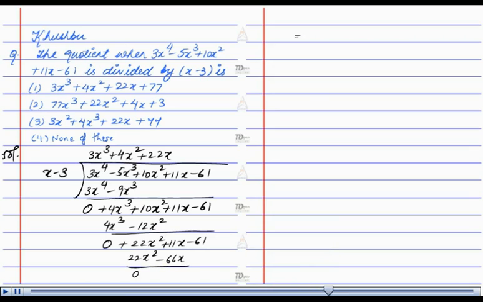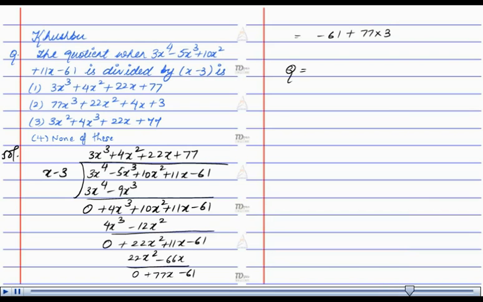0 plus 77x minus 61. 77x when divided by x gives 77 and the remainder becomes minus 61 plus 77 into 3.